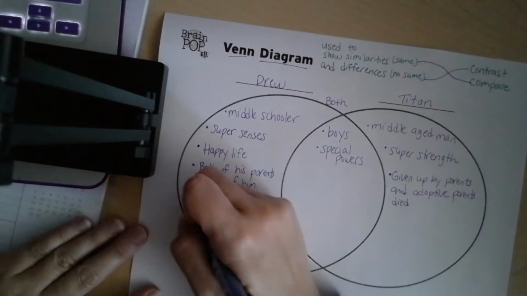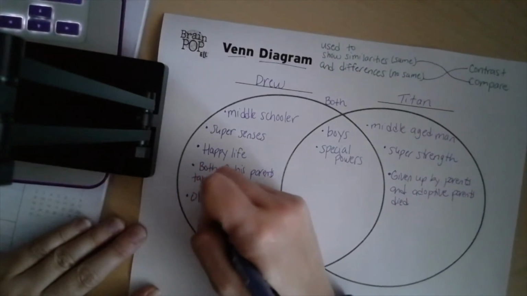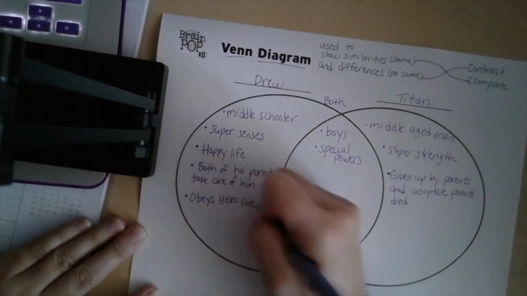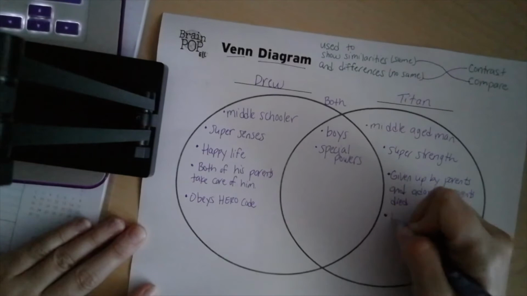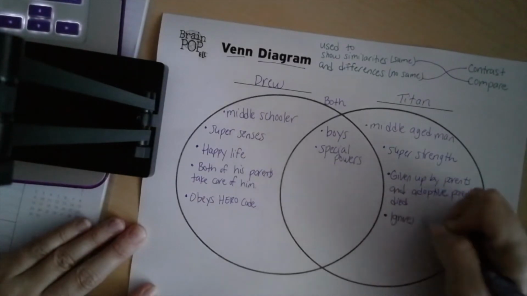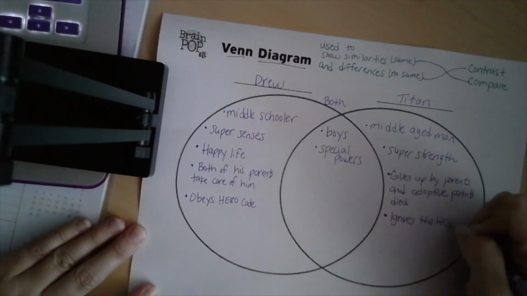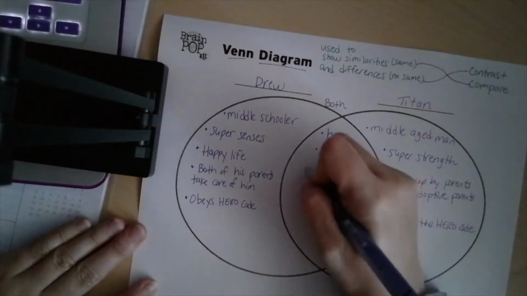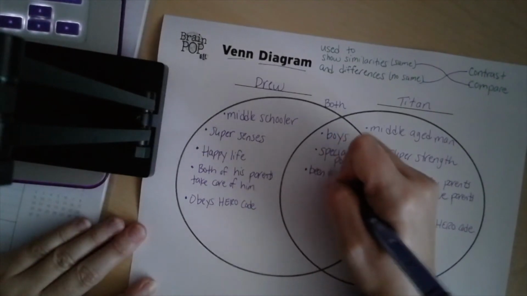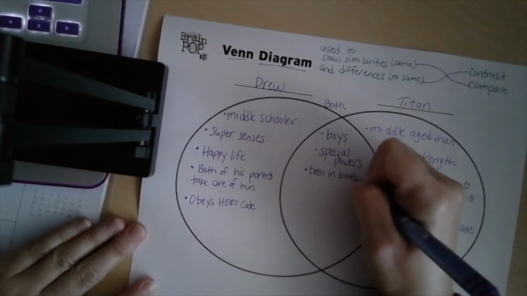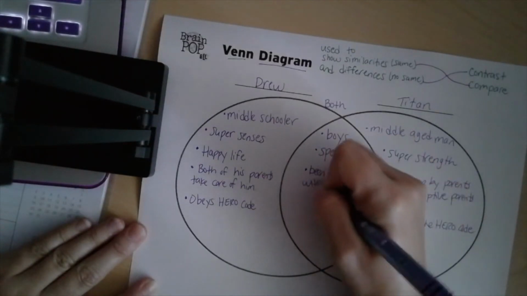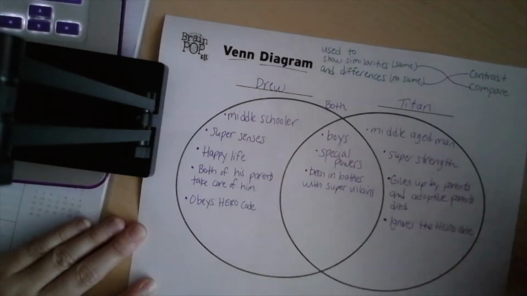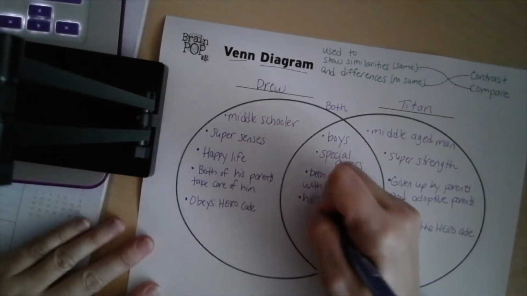We might say that Drew obeys the superhero code, and we could say that the Titan ignores the hero code. Both of them have been in battles with supervillains. Both of them have to hide their identity.